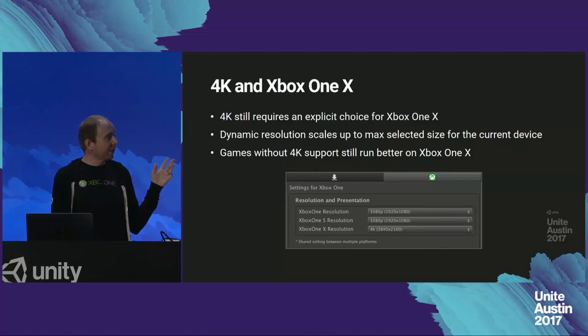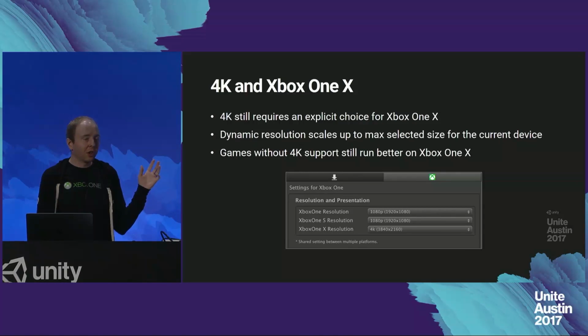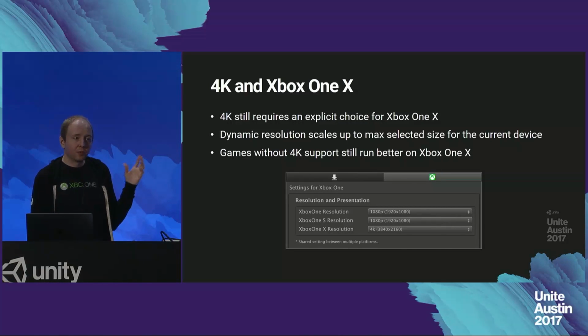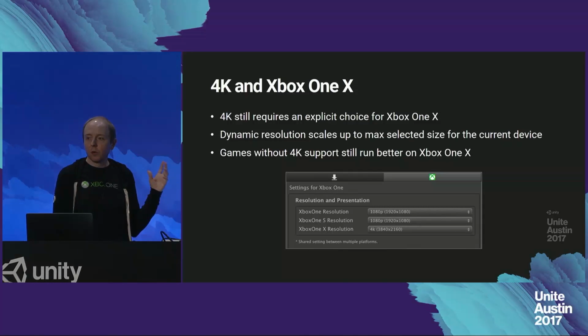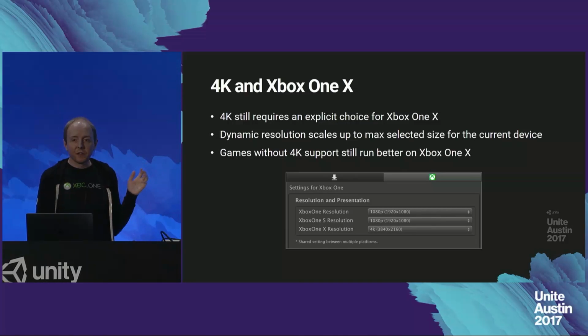Now, something else that dynamic resolution gets you here is if you've chosen not to target 4K on Xbox One X. And you might do this because your art style or the resolution of your assets doesn't really matter with 4K, or maybe you just really want to focus on frame rate over resolution. If you do that, you can choose to target 1080p on all three of the hardware configurations, and you'll actually see a big benefit from dynamic resolution.